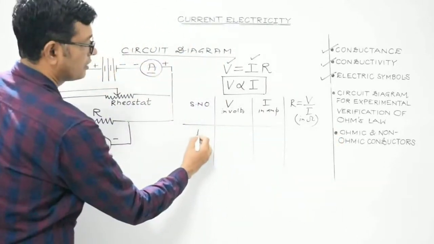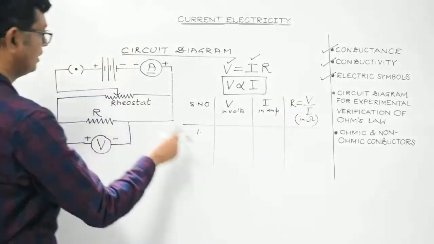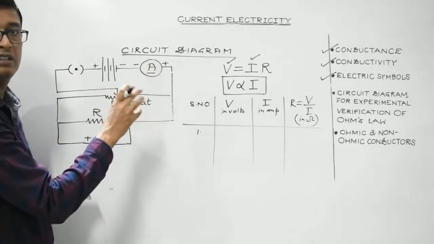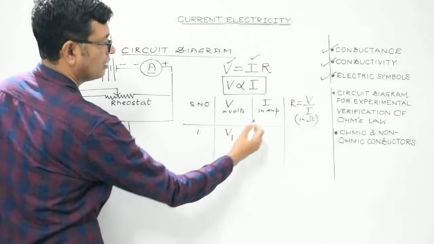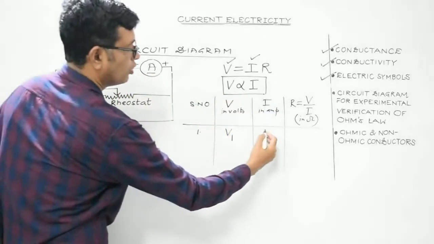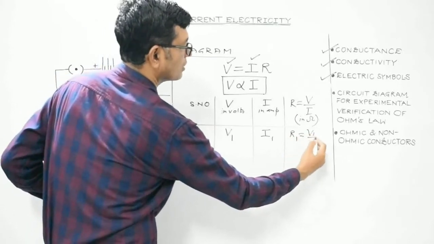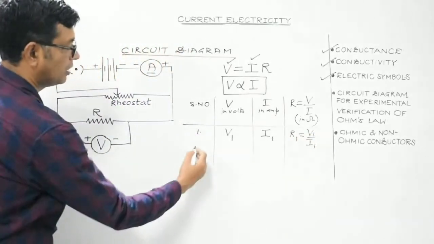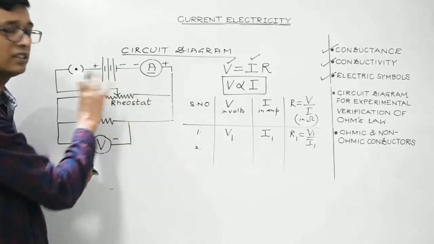Now you need to take certain observations. Like in the first case, when the rheostat is offering some finite value of resistance, suppose the voltage is V1, the corresponding value of the current can be noted from the ammeter, and R1 can be easily evaluated from this. Right? Similarly, in the second case, the value of the resistance is changed by using the rheostat.